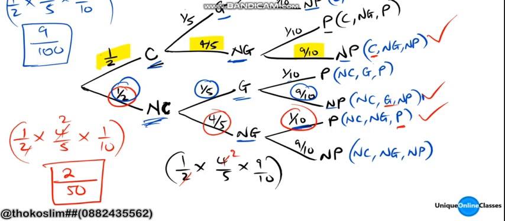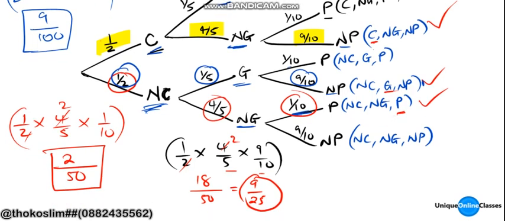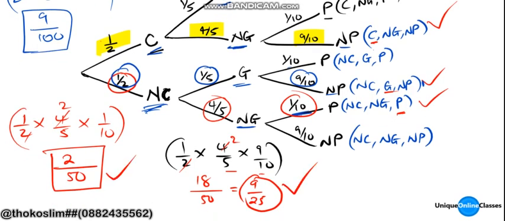And 2 times 9, that's 18. 5 times 10, that's 50. And if you can simplify this one, 2 into 18, that's 9. And 2 into 50, that's 25. So that's another part. Then we're going to add this one.